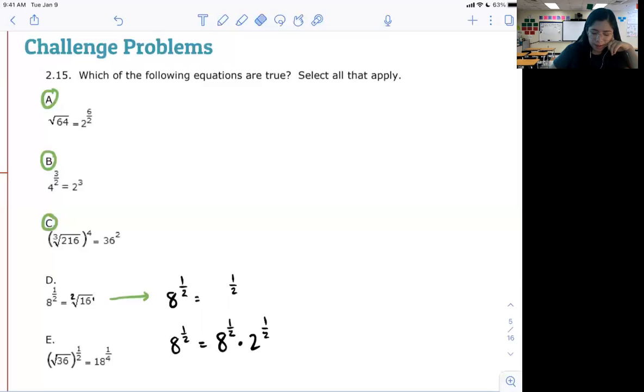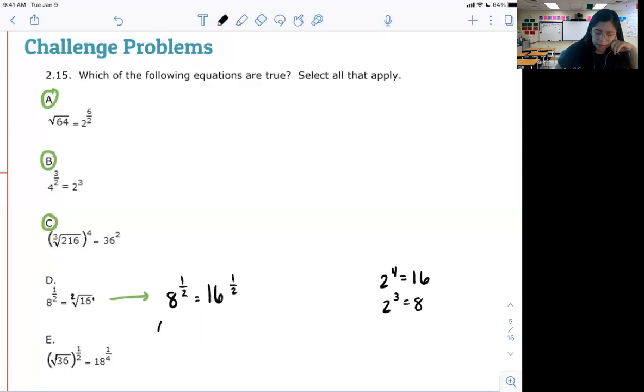Ooh, okay. That sounds good. Okay, so this was 16, right? 2 to the power of 4 is 16. 2 to the power of 3 is 8. So I can rewrite this and then do a little bit of multiplication. 3 times 1/2 is 1.5, or how else can I write that? 3 over 2.